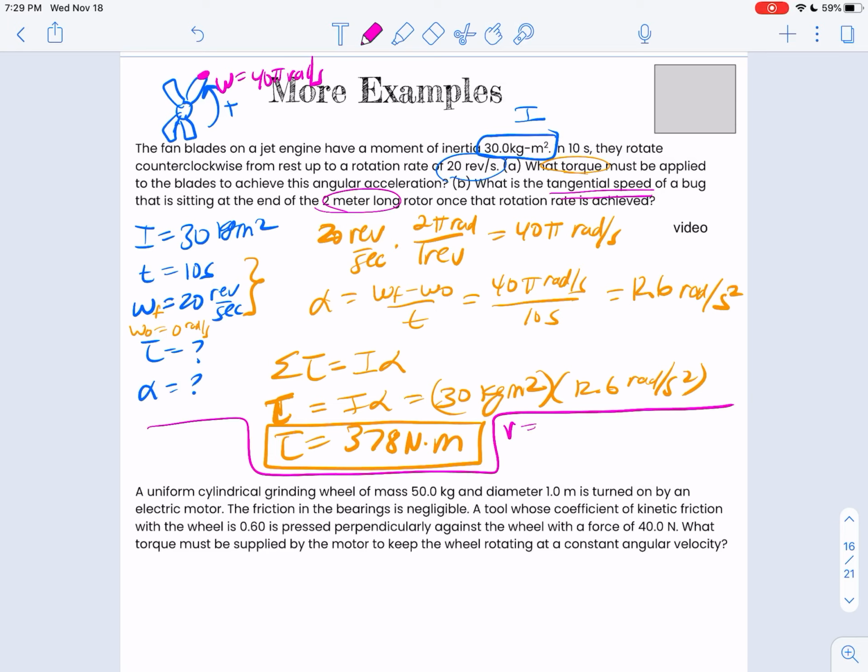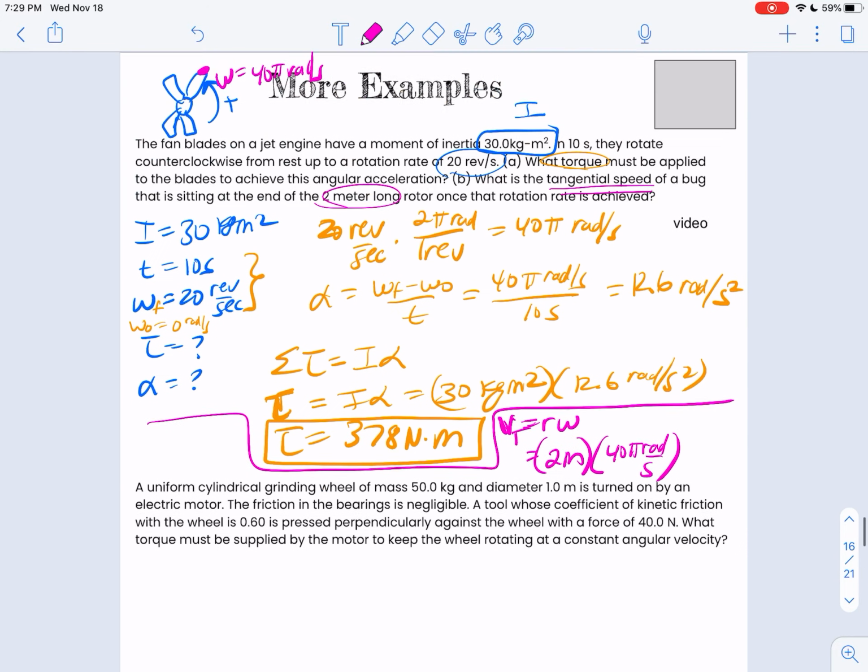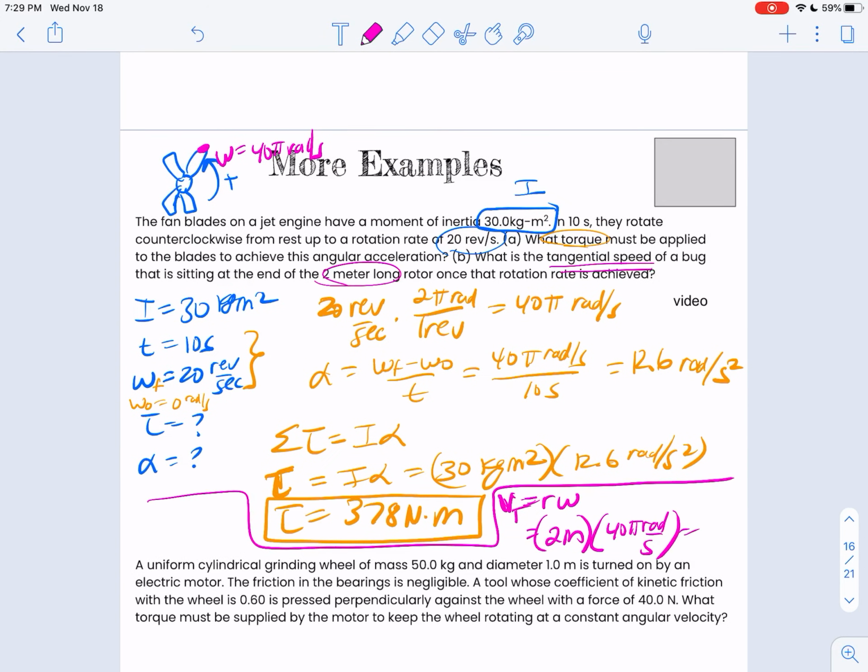Remember, the tangential speed is just times the radius. You always multiply by the radius to go to linear from angular, because you're trying to get the units right. So if it's a 2 meter blade and it's 40 pi radians per second, remember, radians doesn't count. That's how you're going to get meters per second.